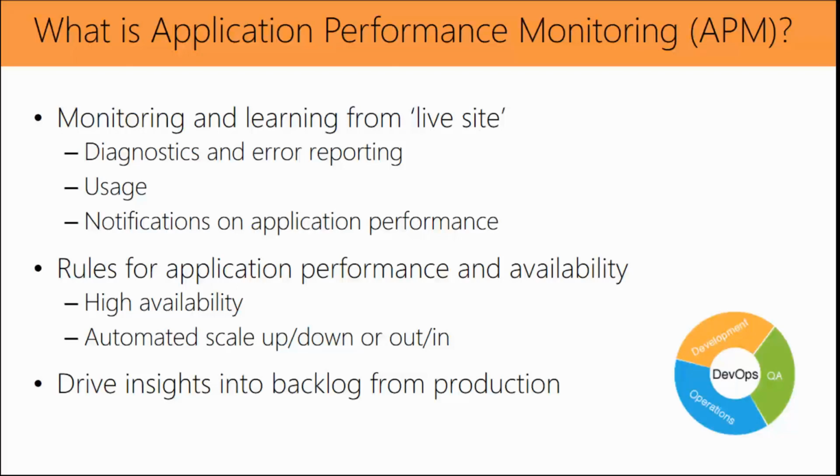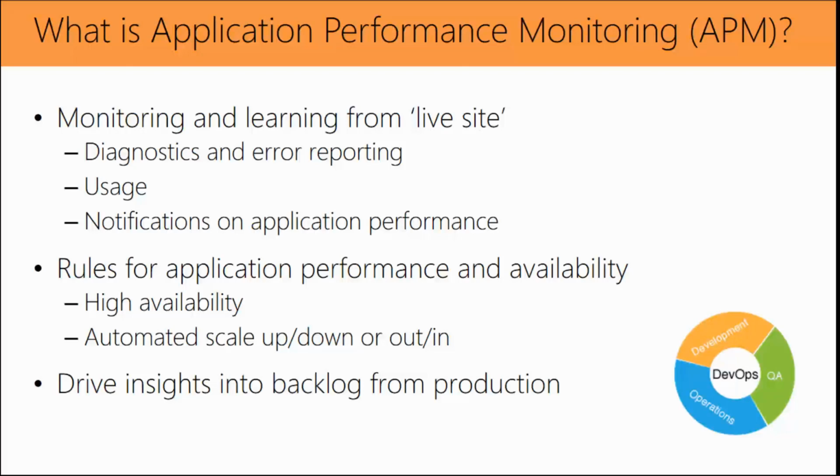Some of the rules for application performance and availability: we need to have high availability of our app or our website, for example. Obviously, you would not like a user to visit your website and all of a sudden your website crashes. And one of the common reasons for website crashes is, for instance, there are thousands or millions of hits coming to your website and your actual site or app is not scalable, right?